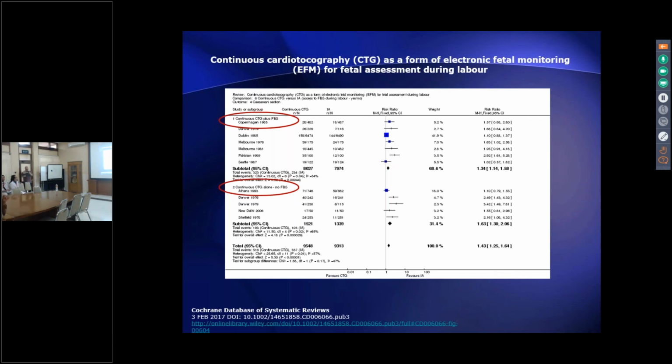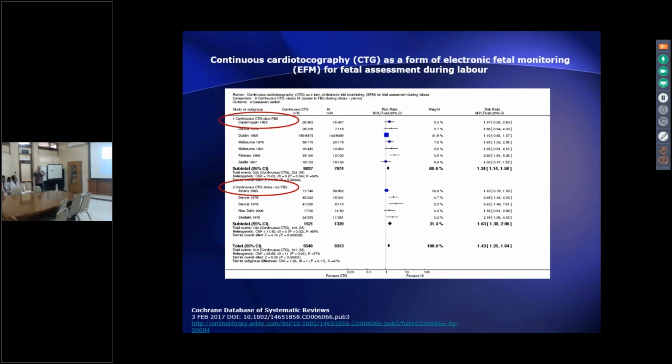We found no interaction effect, we call it. No significant differences between those two subgroups. So we don't have high quality evidence demonstrating a reduction in cesarean sections associated with fetal blood sampling from the perspective of the Cochrane review.